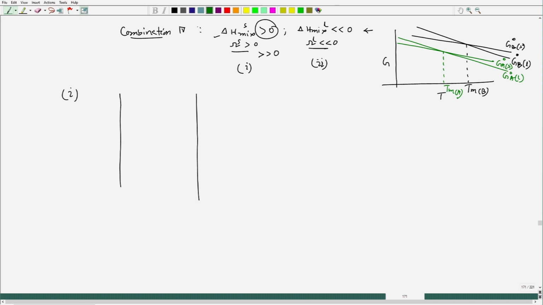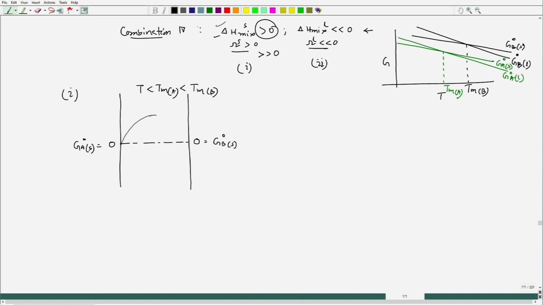Now, if I try to look at free energy variation as a function of temperature, these two are 0, and we are taking a temperature which is below T M A, which is definitely below T M B. So, that means here this 0 can be assigned to G B naught solid and here G A naught solid. Okay. Then I can actually have, fine, this is delta H mix for solid.